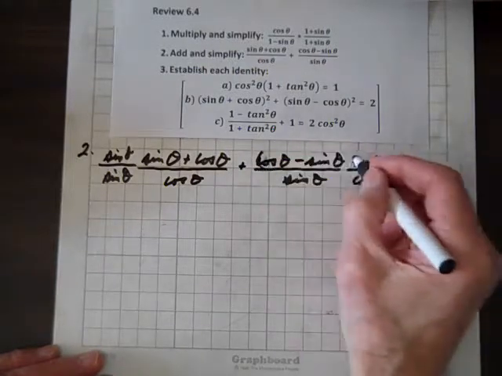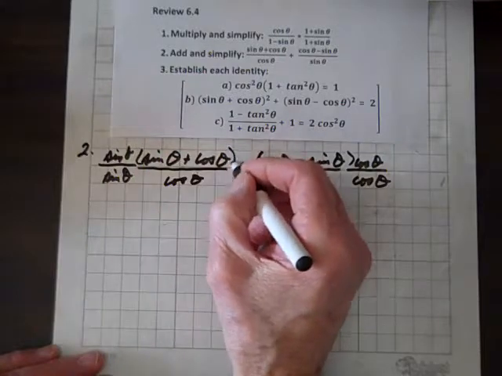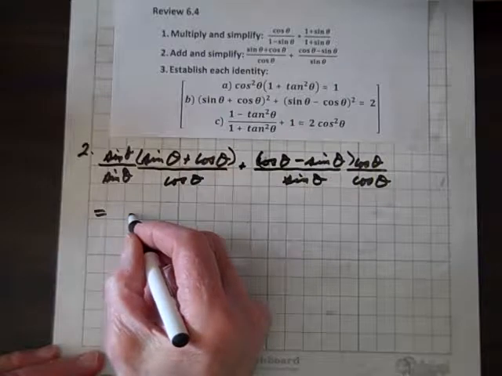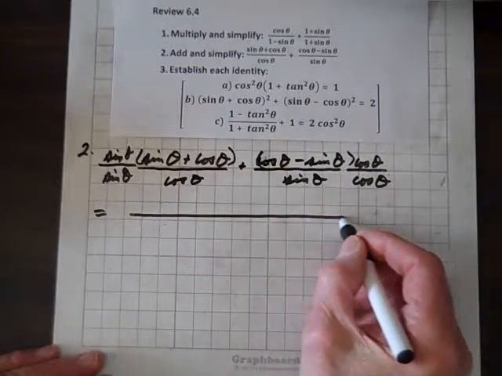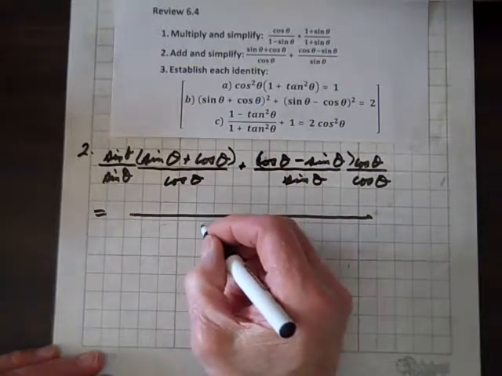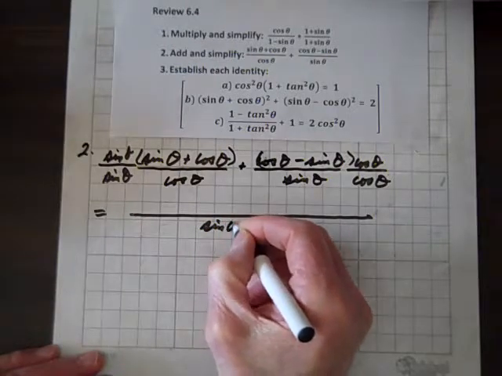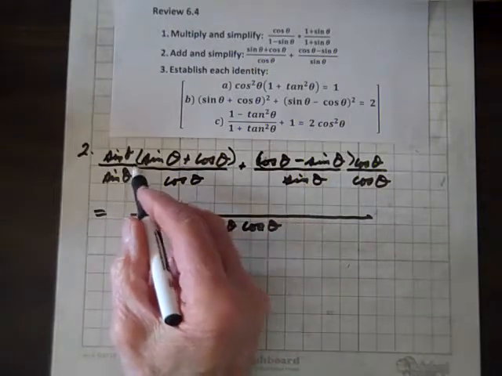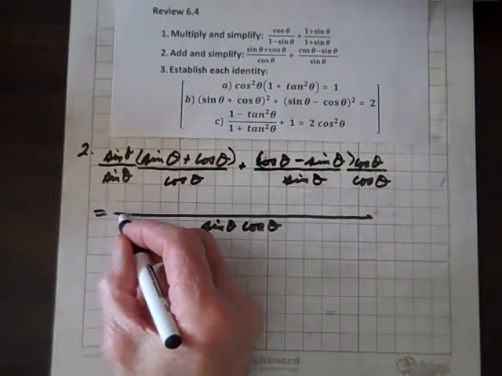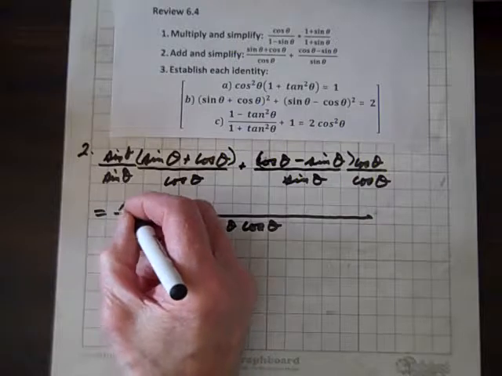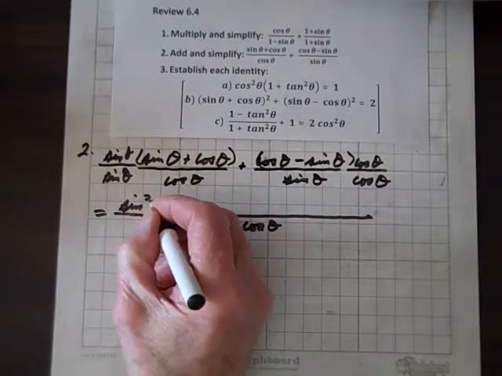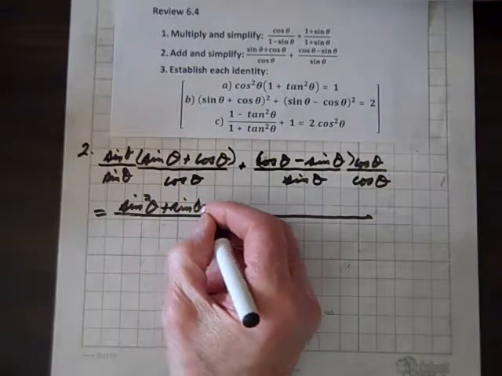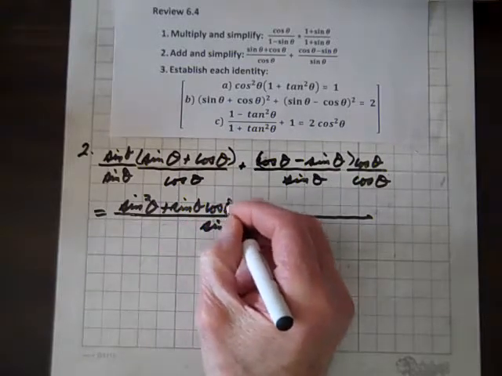Now notice we have our common denominators, and that common denominator is sine theta cosine of theta. Now when we multiply this out, expand this, what we get is sine squared theta plus sine theta cosine of theta.